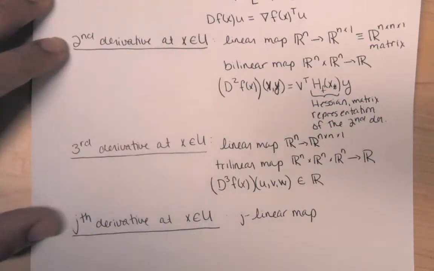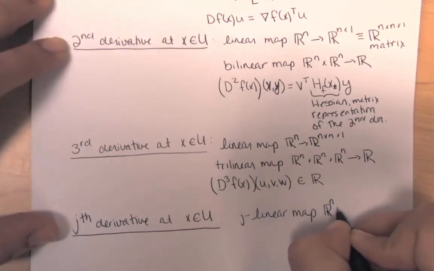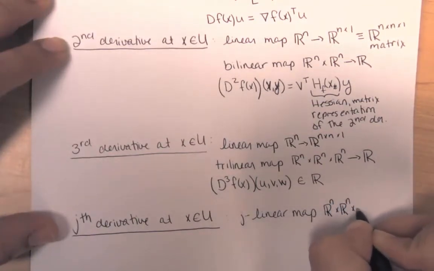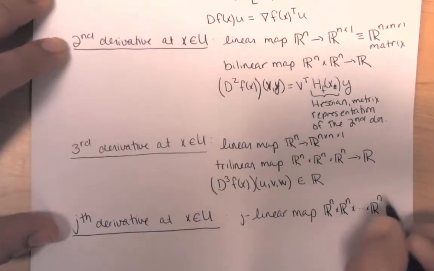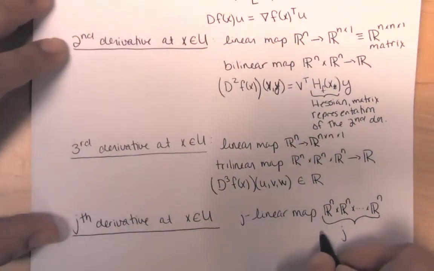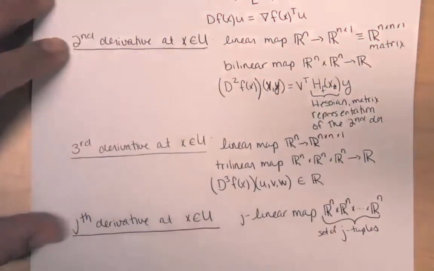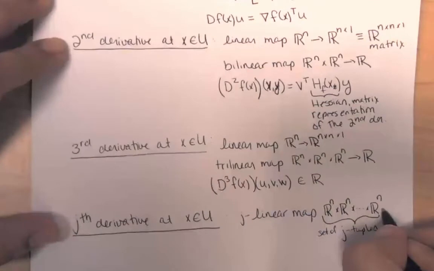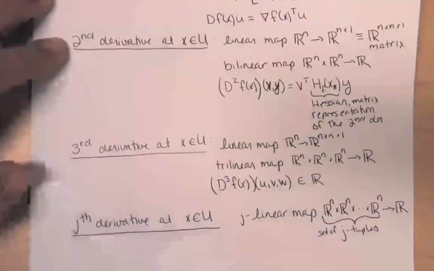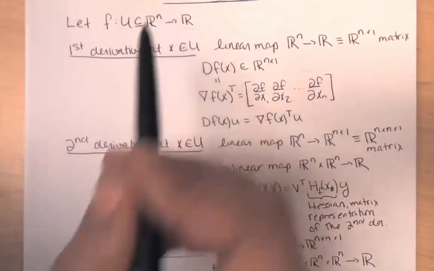The jth derivative is a J-linear map from Rn by Rn by Rn. There are, you guessed it, J of them. Right, so this is the set of all J-tuples, right, where each entry in this J-tuple is a vector in Rn. And of course it's real valued because the original function we're dealing with is a map to R, or a real valued function.